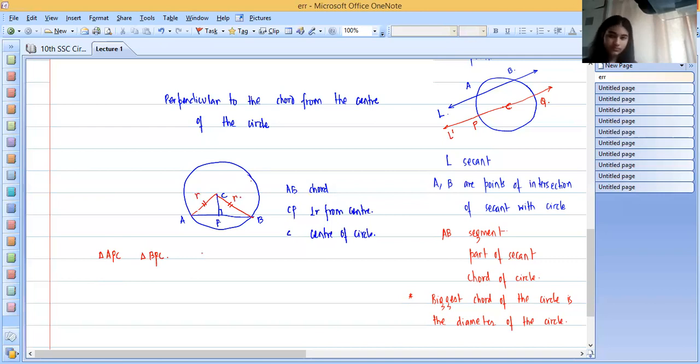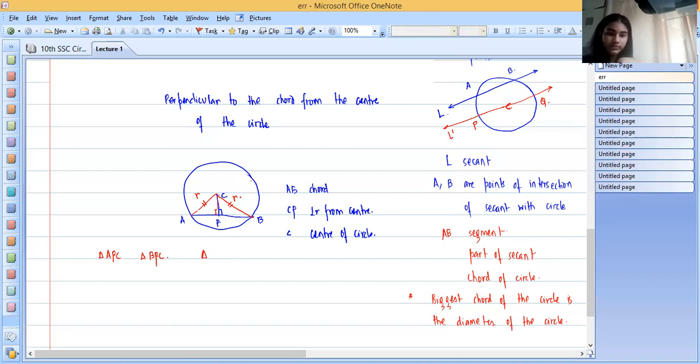In triangles APC and BPC, angle APC is equal to angle BPC. So this is a right angle in which we have the hypotenuse, and this side is common.